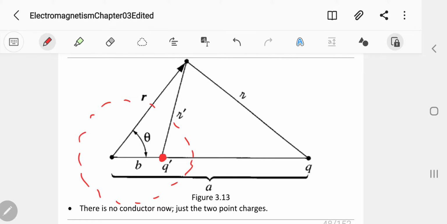If you recall the mirrors, you have a person here. The image of the person would be at the same distance. If this is S prime, this is S, then S is equal to negative S prime.